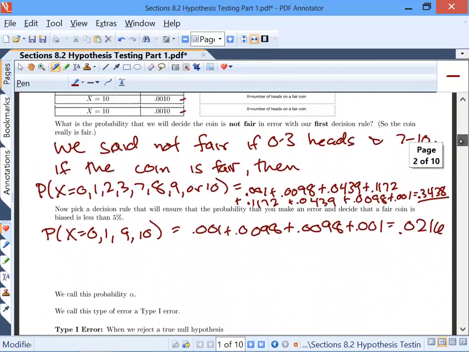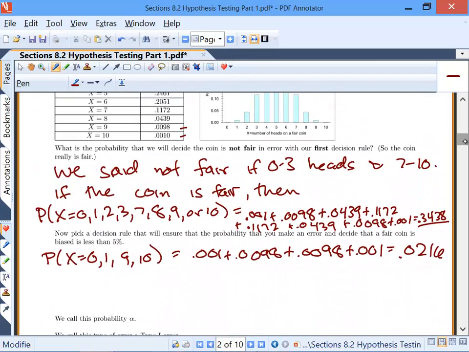Would it be possible to have a biased coin and accidentally say that it was fair? Okay. That would be another possible type of error. But as far as finding that probability, it gets more difficult because you would have to know what the probability for the biased coin is, and there are lots of different probabilities that we could have for biased coins.